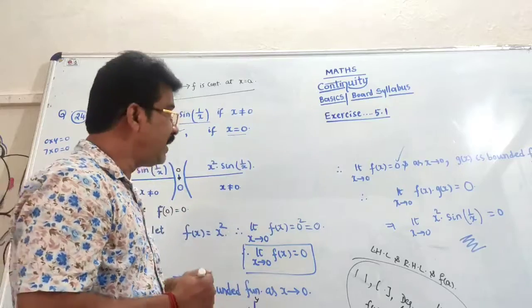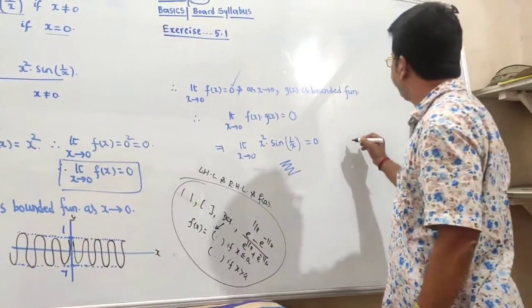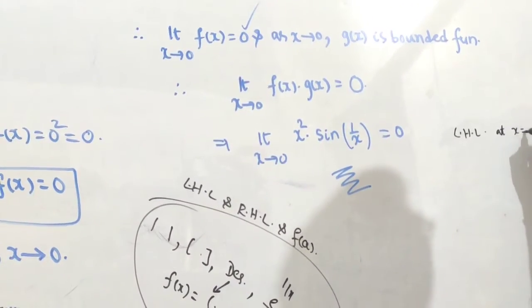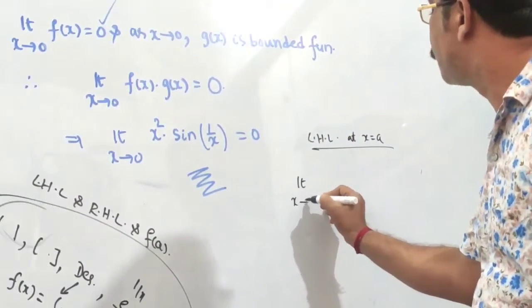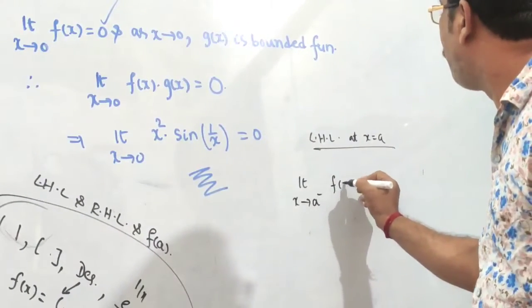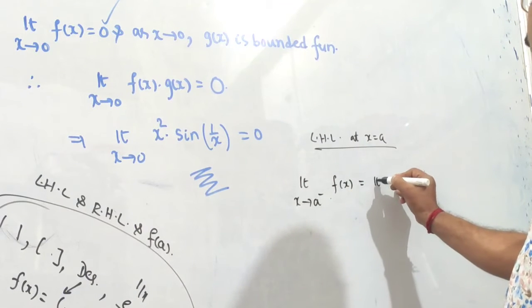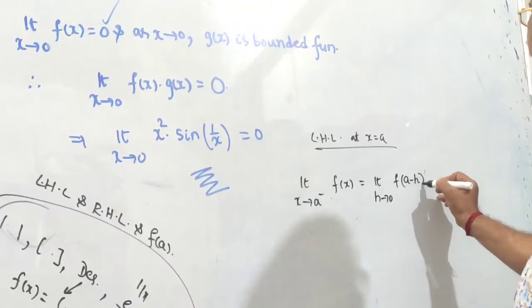Later, you must learn this formula by heart. It is compulsory. The left hand limit at x equals a means limit x tends to a minus of f of x. That is the notation. The formula is limit h tends to 0 of f of a minus h.